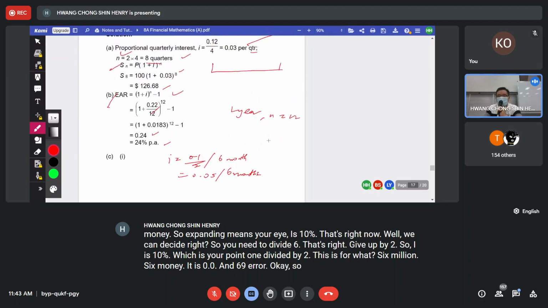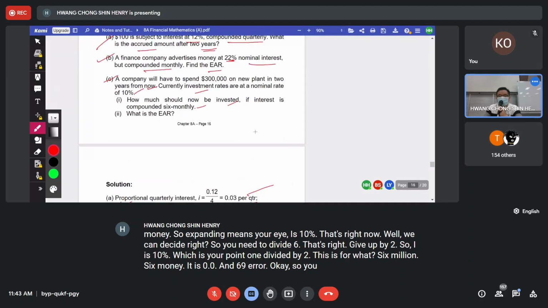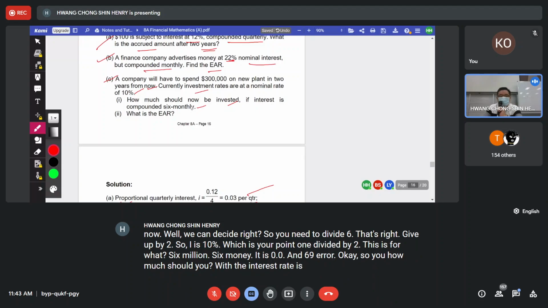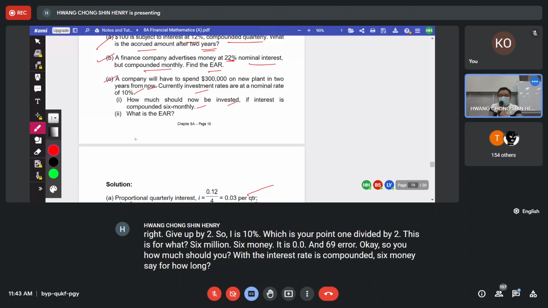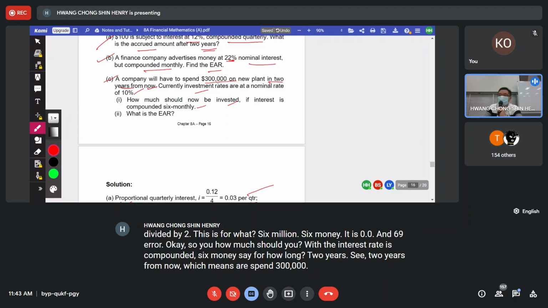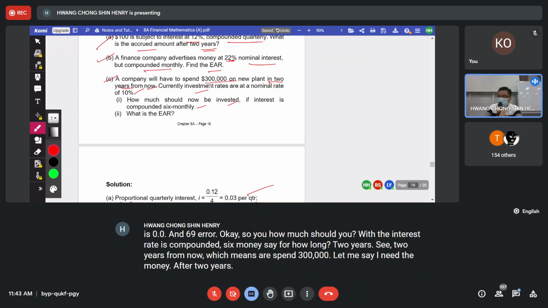Okay, so you want to calculate what? How much should we invest? Calculate the P. The interest rate is compounded every 6 months, for how long? 2 years from now. They need the money after 2 years, 300,000. Therefore, 300,000 is not the principal.